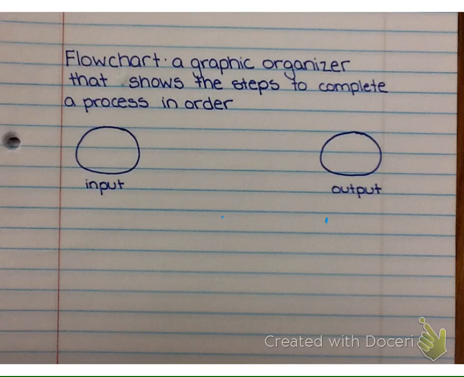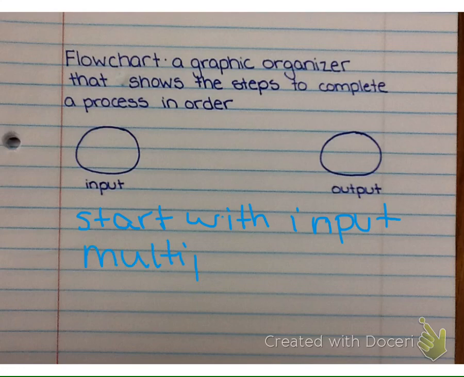In our first example, we are going to start with an input, we're going to multiply our input times 4, and then we're going to add 5 to the product.